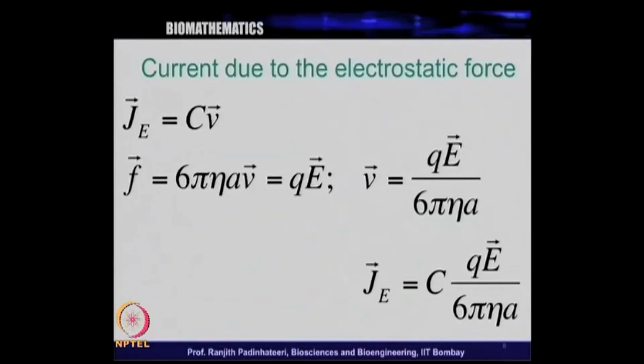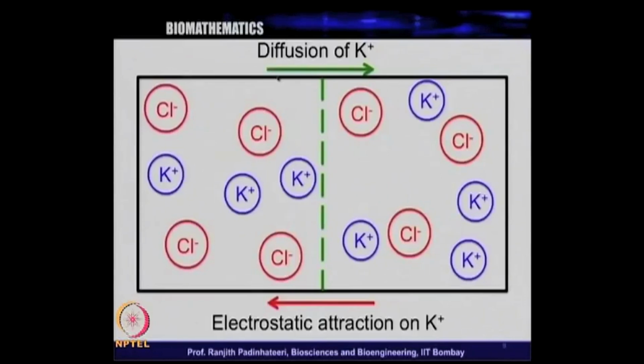So, I have now two currents. The diffusion or the concentration gradient will lead to a current in this direction, and electrostatic attraction will lead to a current in this direction. One current goes this way, which is the concentration gradient, and the other flows this way.